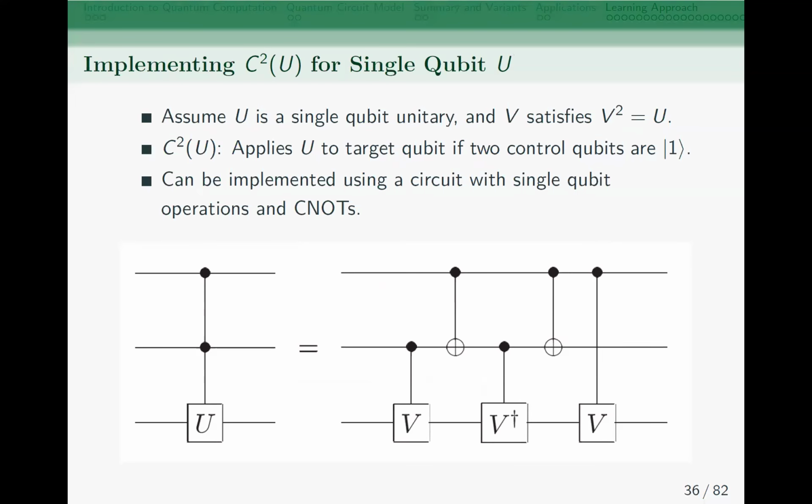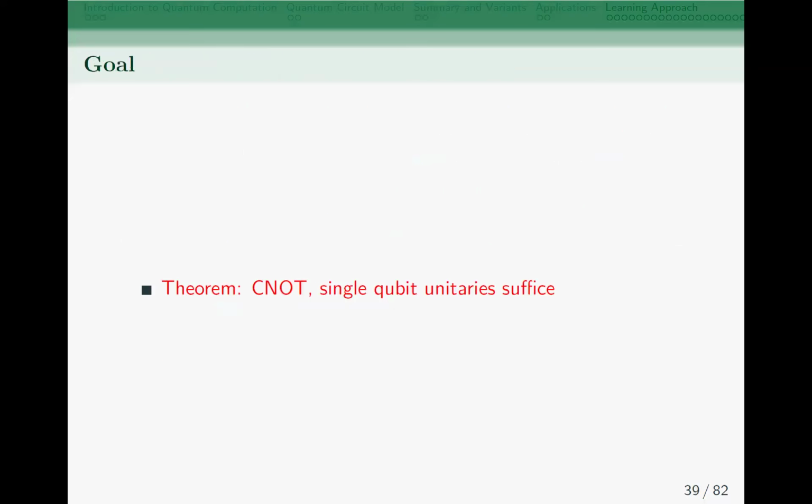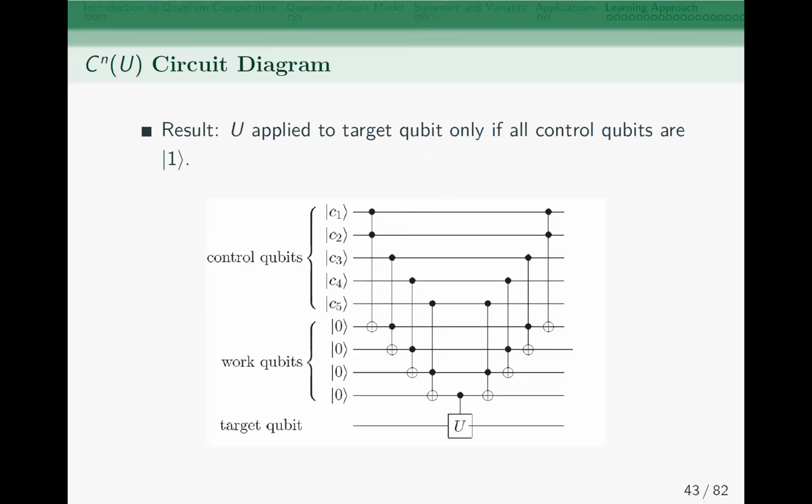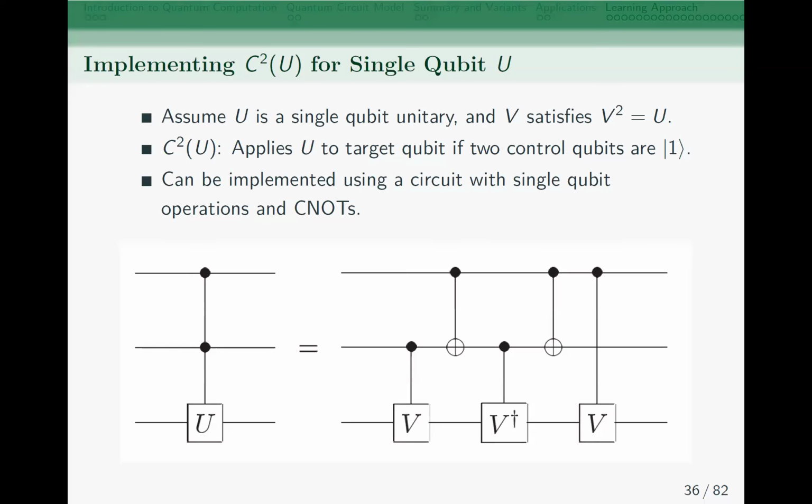Okay, so this is a non-trivial proof, so let me just skip it here. This was done by some people. In a special case, let's say you have two controls and a single-qubit U, and if you can find the matrix B, which is the square root of U, then you can somehow magically decompose this into this.